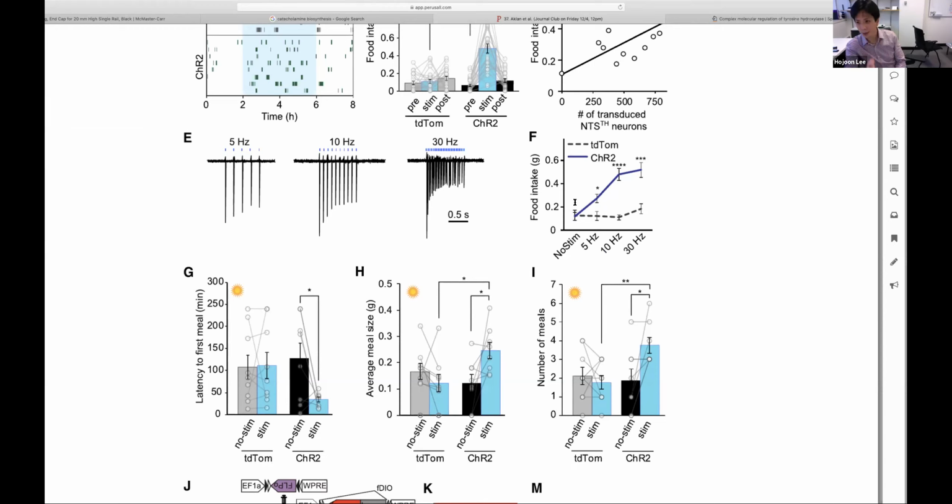And in the absence of a scale bar or y-axis, you don't really know what kind of responses these are. But clearly, when blue light is shining, there's a change in voltage.